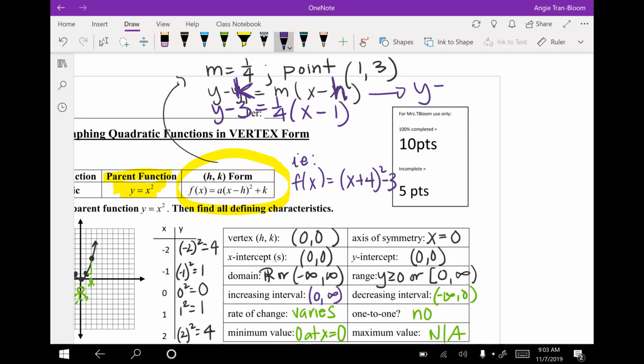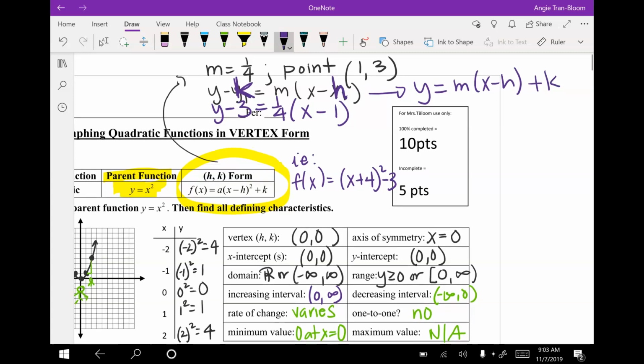So if I move the k, can we all agree it's now an addition of k? If I move that 3, would you agree now this is an addition of 3? Right? A quarter, I'm going to write the quarter back, times x minus 1 plus 3. Yes or no? Can you see now why the h value is always the opposite and k is not?